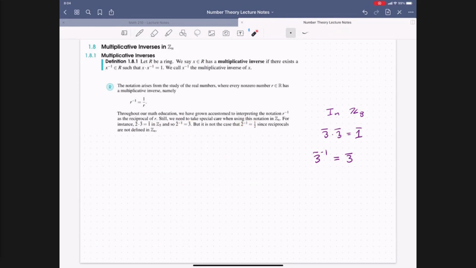However, it still has all those properties that we come to associate with 1/2 when working with the integers. And that's the key thing to keep in mind. That while we use this notation, it's not that we have fractions, but that the behavior that we expect of fractions when we multiply with an integer, 1/2 times 2 is 1, that property is preserved.